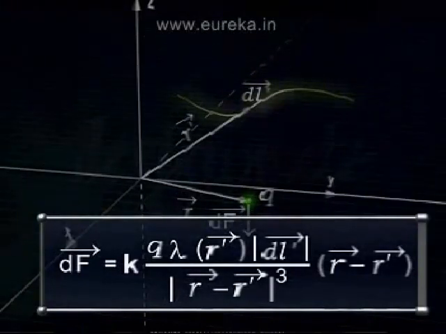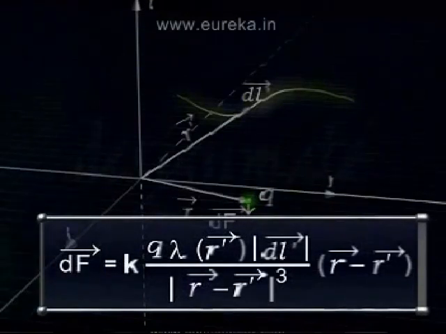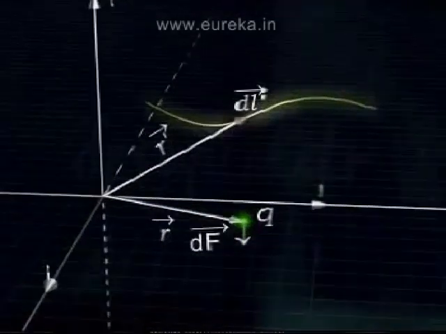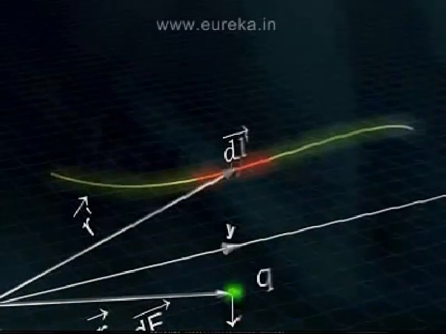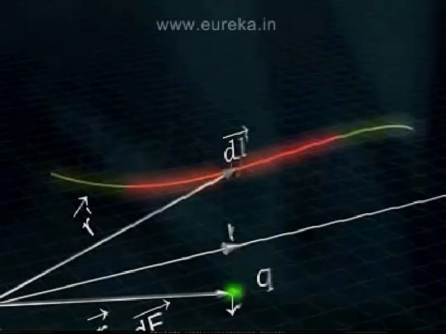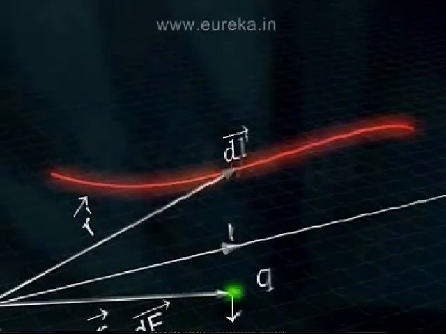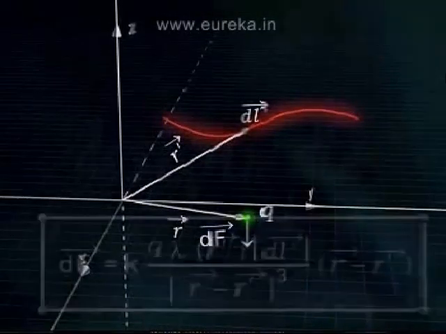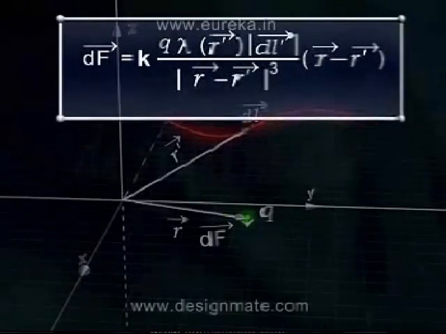Thus, the total force acting on the charge Q can be calculated with the help of this equation by taking the summation of terms like vector dF on the entire line corresponding to different line segments like vector dl'. Thus, we can write it in the form of an integral.